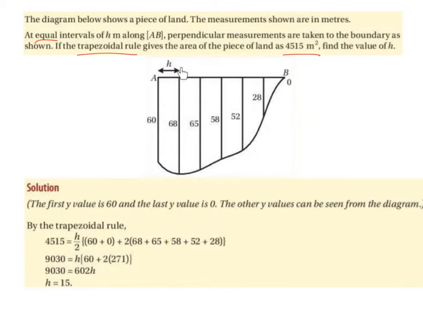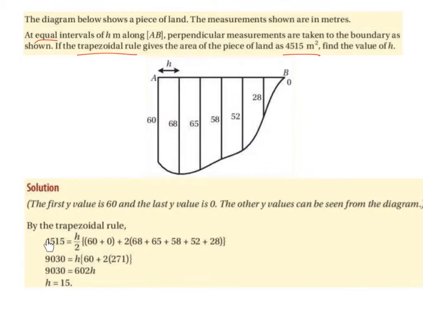So it's going to be 2 times 68 plus 65 plus 58 plus 52 plus 28. So 60 plus 0 is 60. And 68 plus 65 plus 58 plus 52 plus 28 is 271. We've still got the 2 in front.